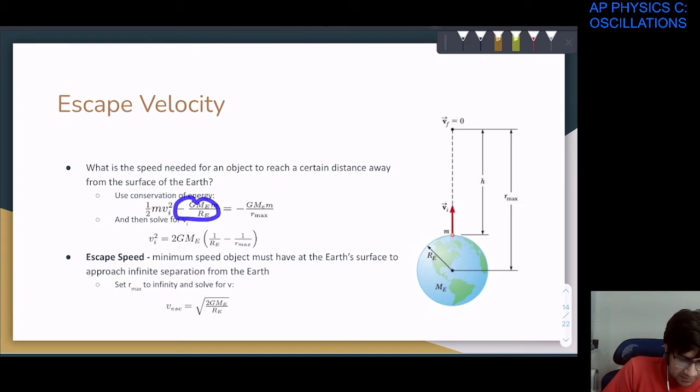So that's where this term is coming from. And this is the initial configuration, the initial energy.